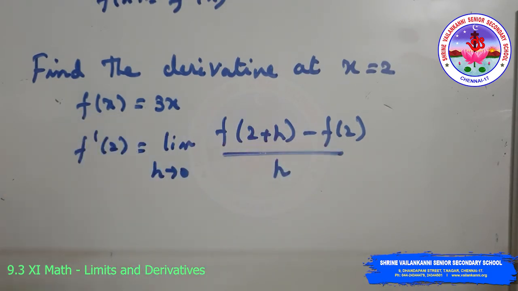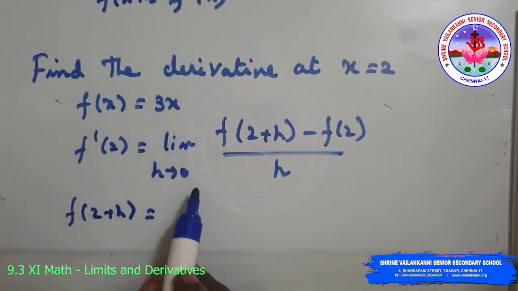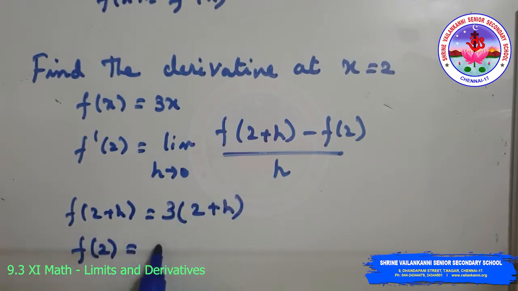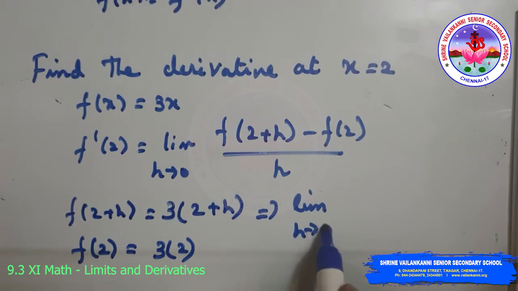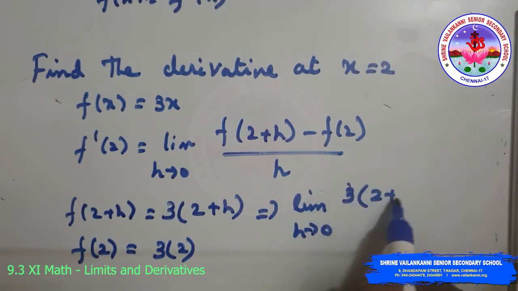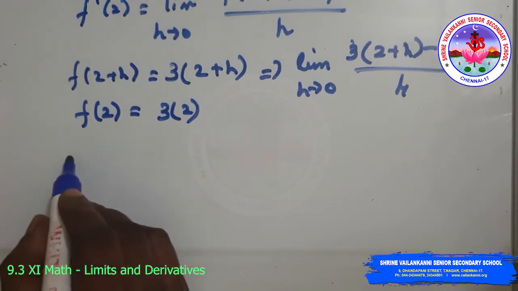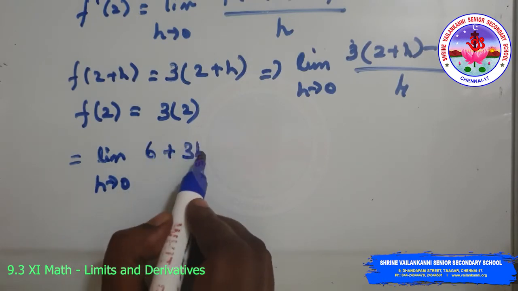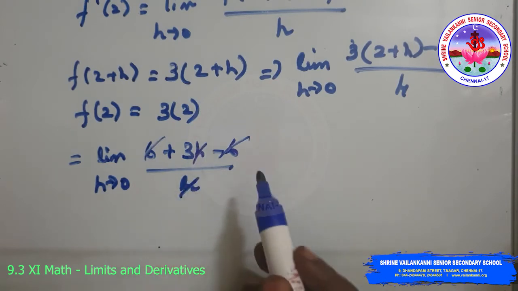So what is f of 2 plus h? In the place of x, we replace 2 plus h, so 3 into 2 plus h. And f of 2 is 3 into 2. So we write this as limit h tends to 0 of 3 into 2 plus h minus 3 into 2, by h, which is equal to limit h tends to 0 of 6 plus 3h minus 6, by h. 6 gets cancelled, h and h get cancelled.